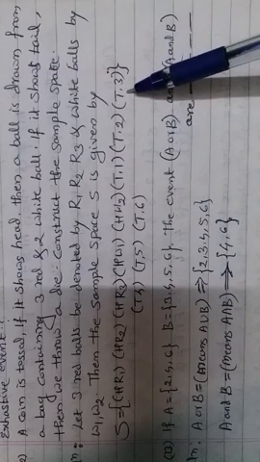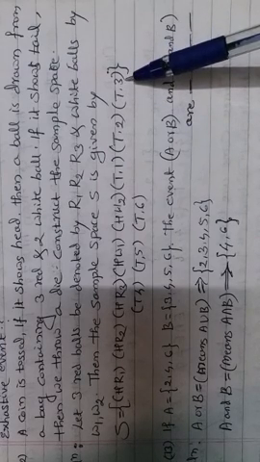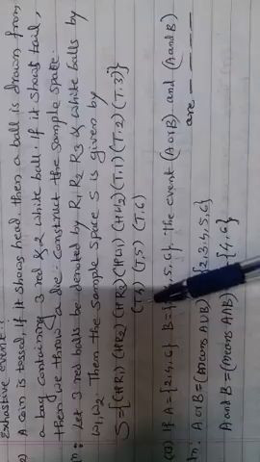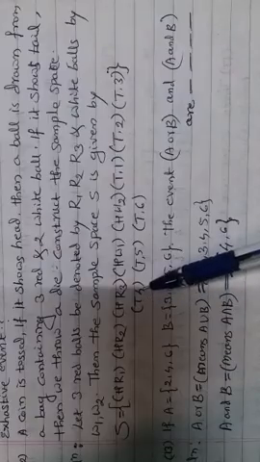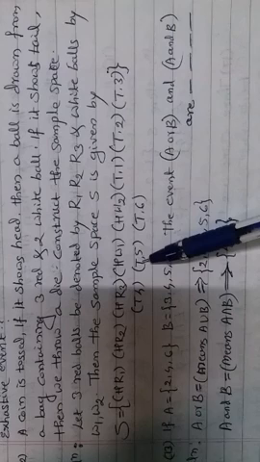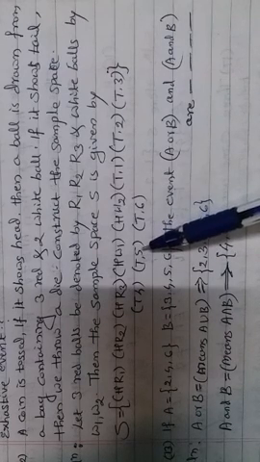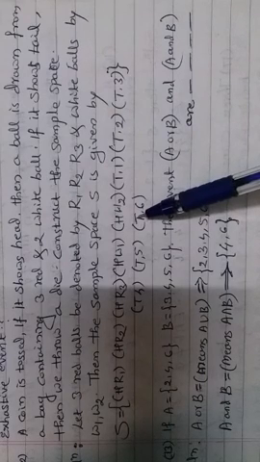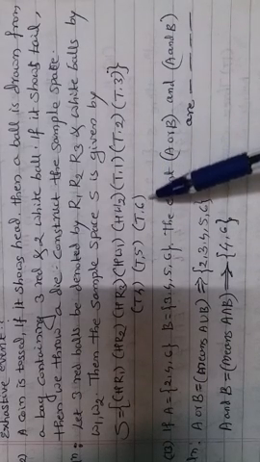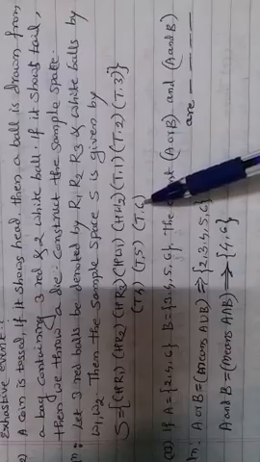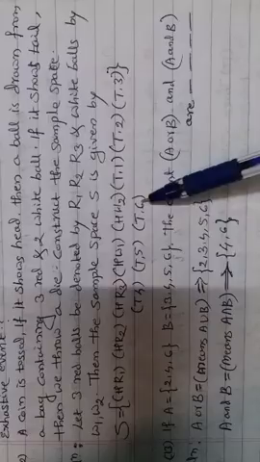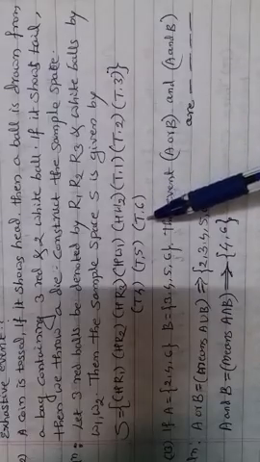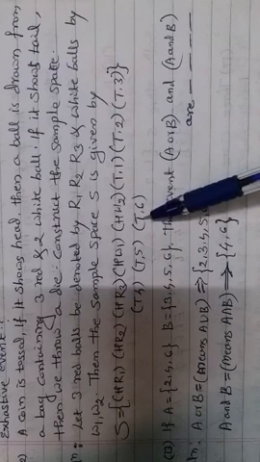Third time, 3. Fourth time, 4. Fifth time, 5. Lastly, sixth time, number 6 appears. Because the dice has 6 faces, each number of the die is associated with tail.